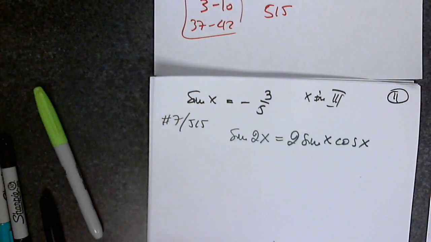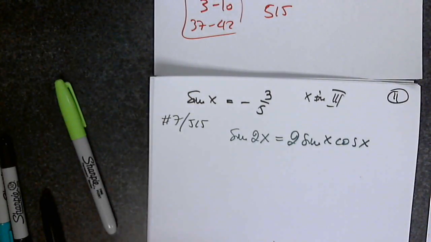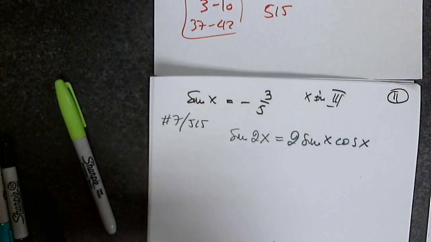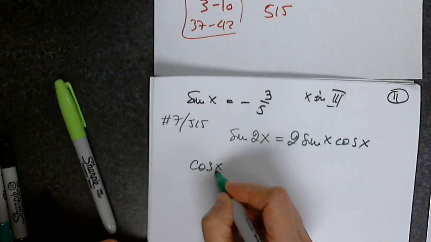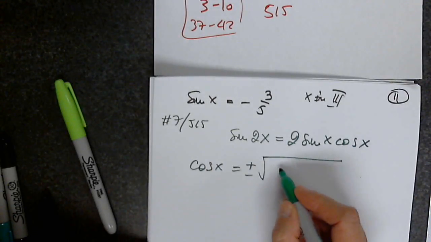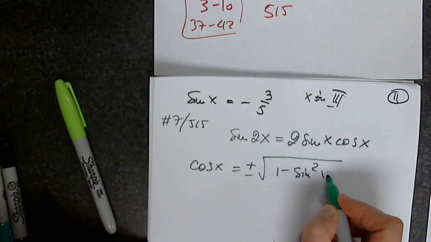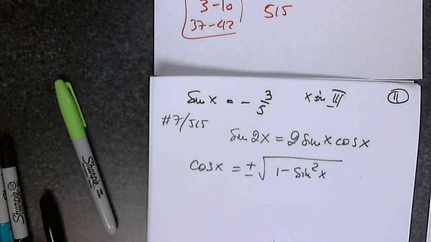Obviously, what I don't have is cosine x, so I have to determine cosine x in the third quadrant. I have the formula that says that cosine x equals plus or minus the square root of 1 minus sine squared x. Of course, if you don't want to use the formula, you can use the triangle. I'm fine with any method.